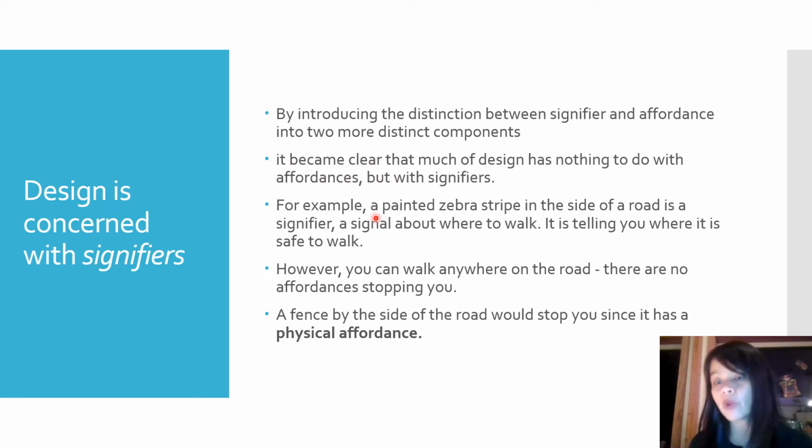There are no physical affordances stopping you. However, a fence by the side of the road would stop you since it has physical affordance, right? But most oftentimes, signifiers are used instead of the actual physical affordances, especially when it comes to digital design.